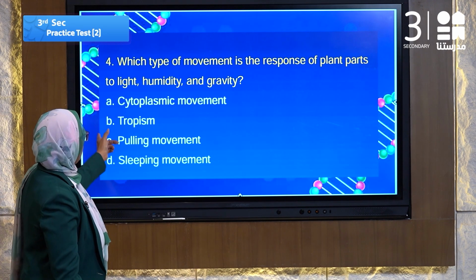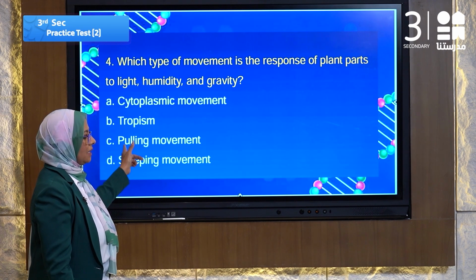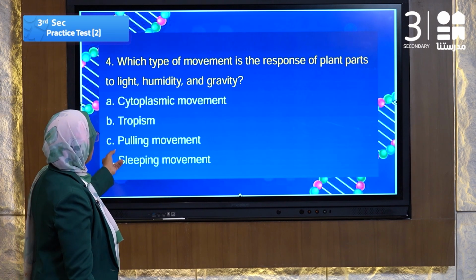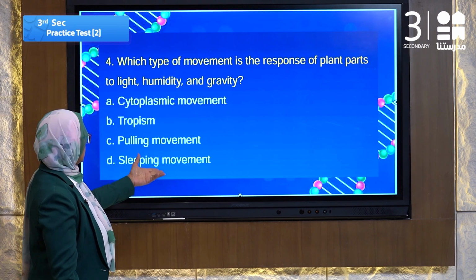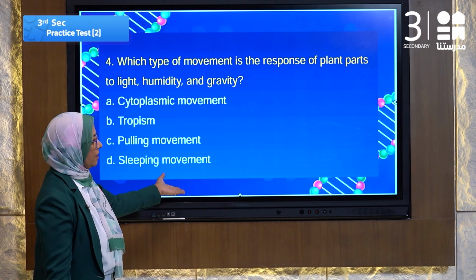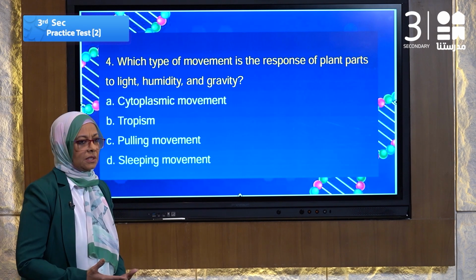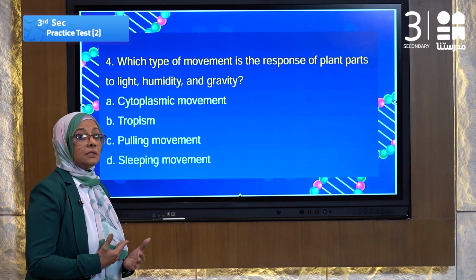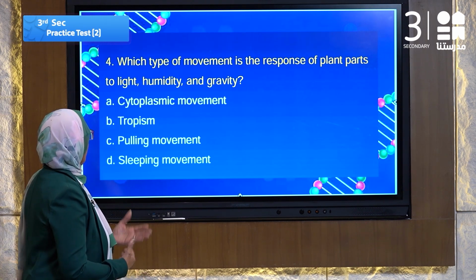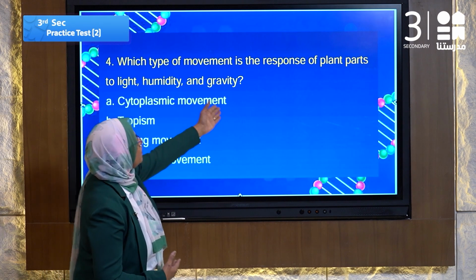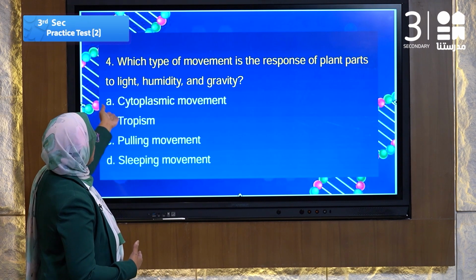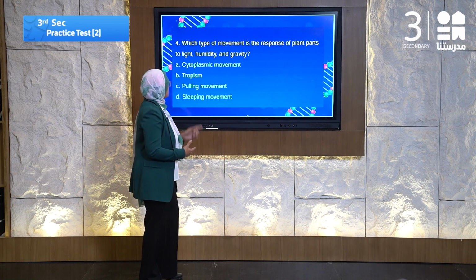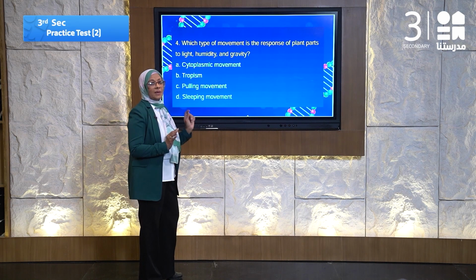No. B, tropism. Tropism is the sense of the plant. Not yet. C, pulling movement. D, sleeping movement. Sleeping movement is a movement. No. I try to find how the plant responds to light, humidity, and gravity.